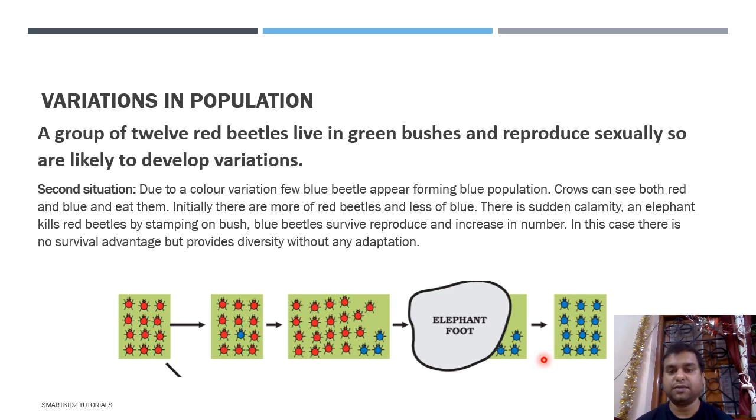Otherwise, the blue beetles were in competition with the red beetles, as seen over here. Now that the red beetles are taken out of the equation, there are only blue beetles over here to survive. So it's left up to them, which means they can sexually reproduce and multiply further. This is what is seen over here. So no survival advantage whatsoever. Just, looking at this situation, we look at how it provides diversity, okay, but without any adaptation.